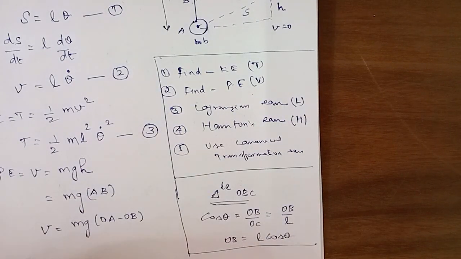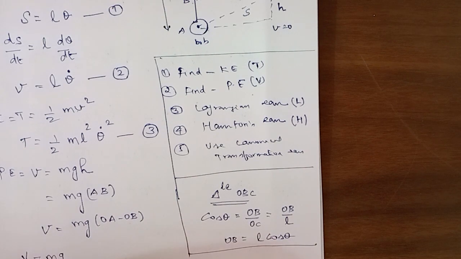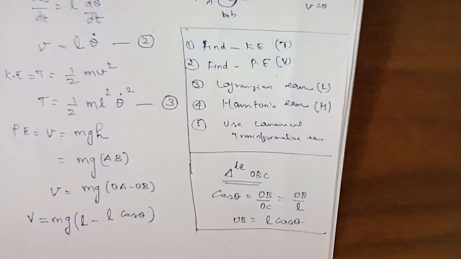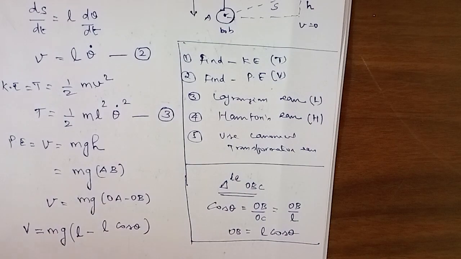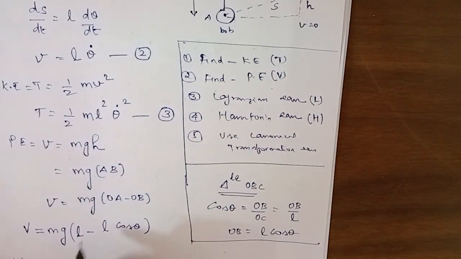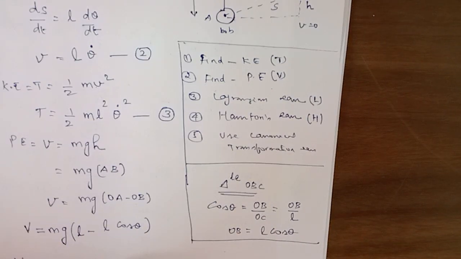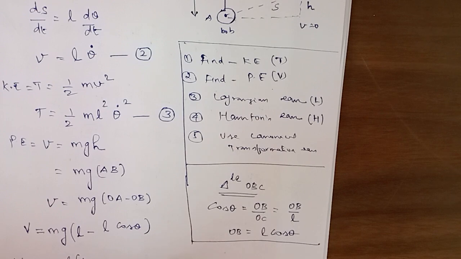Substitute this value here. Therefore V is equal to m into g into OA, which is the full length, so it is L minus L cos theta. V is equal to m g L minus L cos theta, or you take L outside, so m g L times 1 minus cos theta.